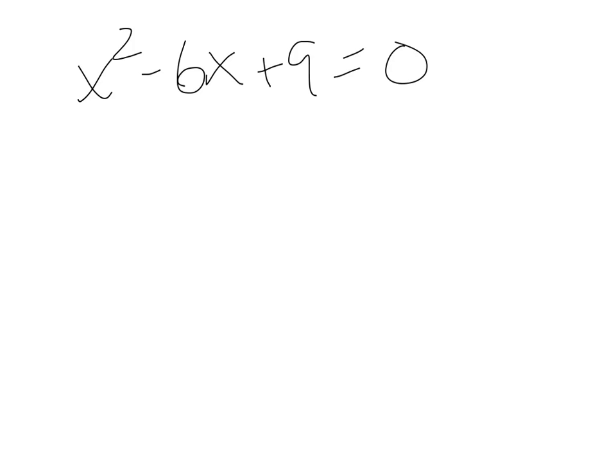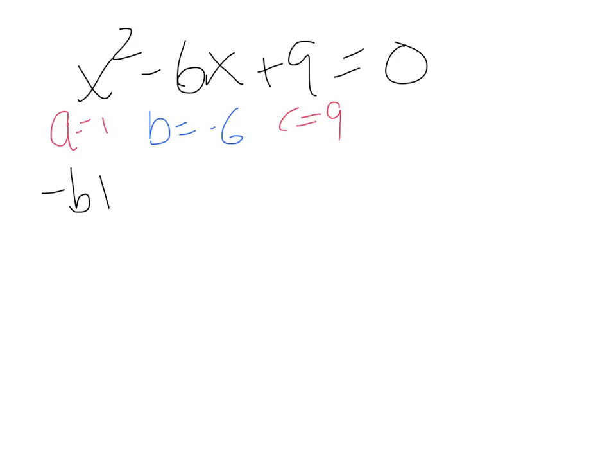So, somebody tell me, what's my A? What's A in this problem? 1. A is equal to 1. What's B? Not 6. Negative 6 because there's a minus sign in front of it. So B is equal to negative 6. What's C? 9. C is 9.